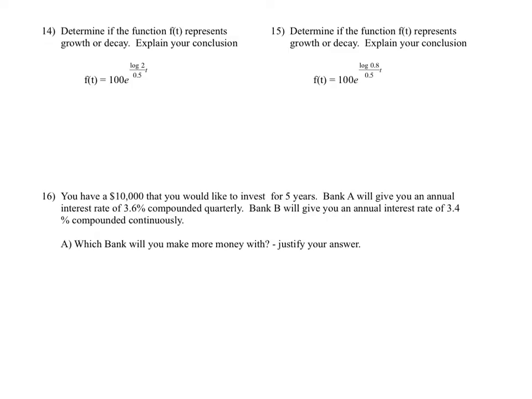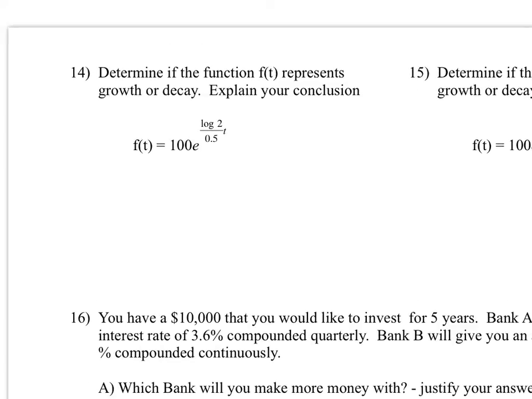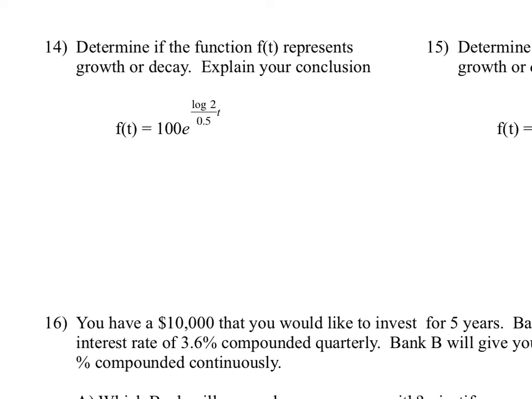So now we want to determine if the function represents growth or decay. So remember, growth or decay, we have to look at the annual percentage rate. So what we have to see is we have to bring that log of 2 divided by 0.5 into this.